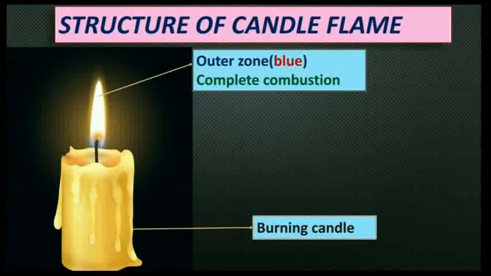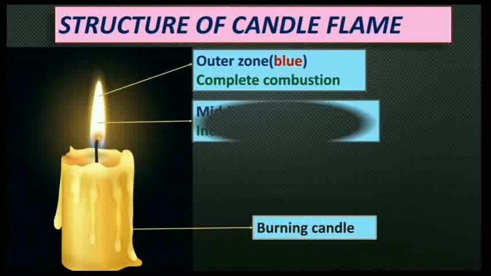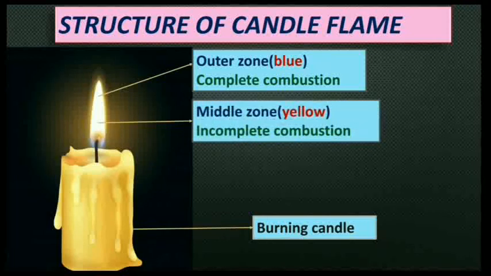It is the hottest part of the flame and it is the non-luminous part of the flame. Next is the middle zone. It is yellow in color. Due to insufficient availability of air or oxygen, incomplete or partial combustion takes place. It is a luminous zone and it is moderately hot.